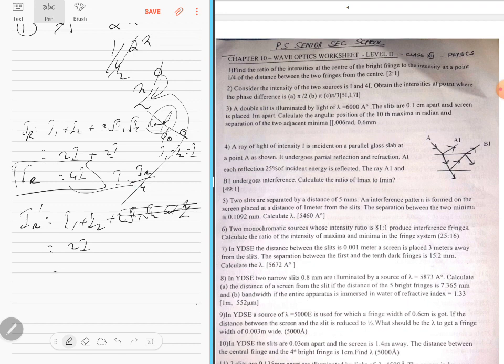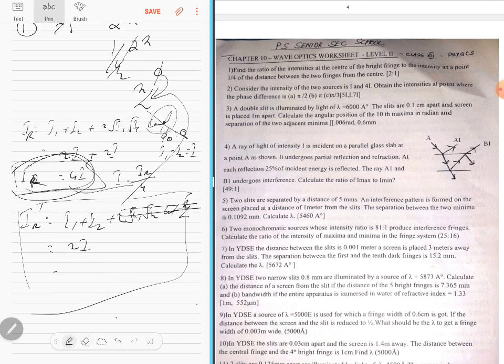So you get 2I resultant by 4, which will be half of that intensity. The new intensity at this point will be half of the intensity at the center. Here it was 4I, here it is 2I.